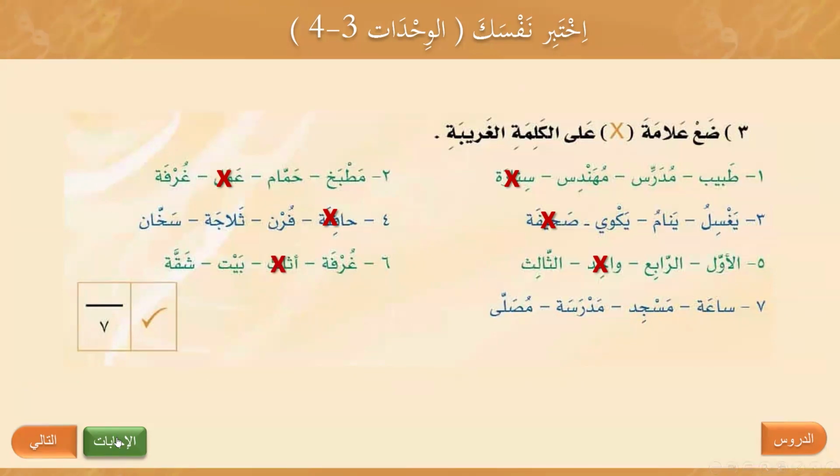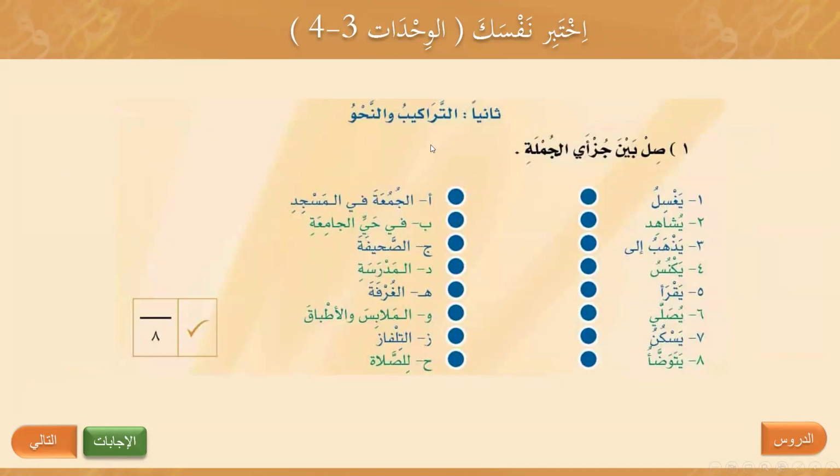Then we have sa'a, masjid, madrasa, and musalla. Masjid, madrasa, and musalla are places, whereas sa'a is used for the watch, so that is a different word. Al-kalima al-ghariba. Now, alhamdulillah, we have completed our question number 3. Again, you can have a look at the answers and check your answers, and I hope that your answers are okay. At-tali, that means next.